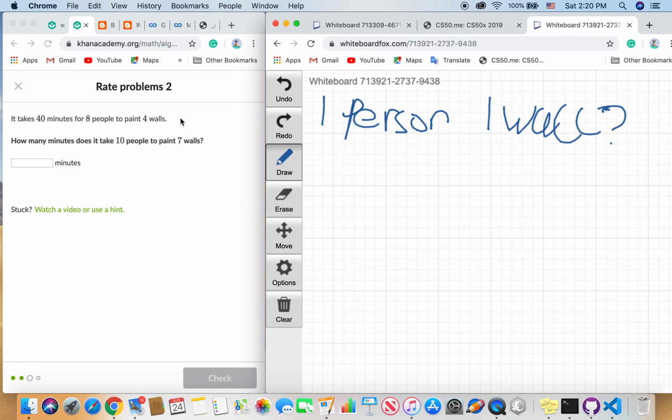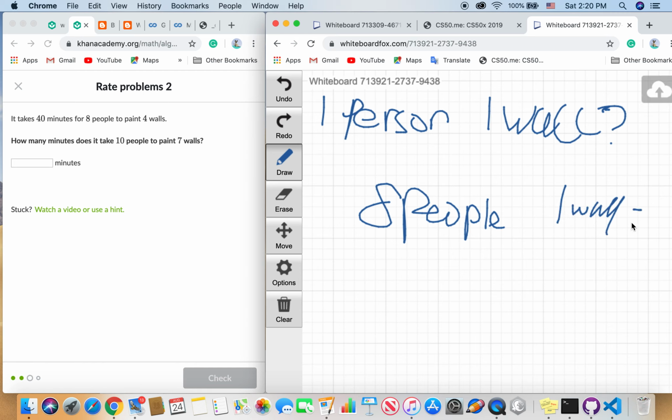Okay, so we'll see. It costs 8 people 1 wall at 10 minutes. So 8 people paint 1 wall and need 10 minutes.